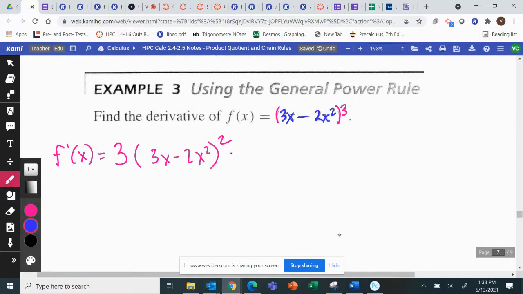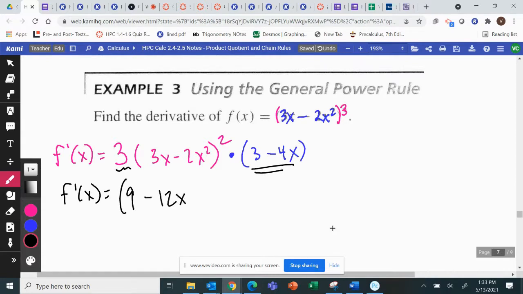Then we multiply by the derivative of the blue part, which is going to be 3 minus 4x. And then from there, just simplifying, I could distribute the 3 into the 3 minus 4x. So 9 minus 12x, and then 3x minus 2x squared squared.